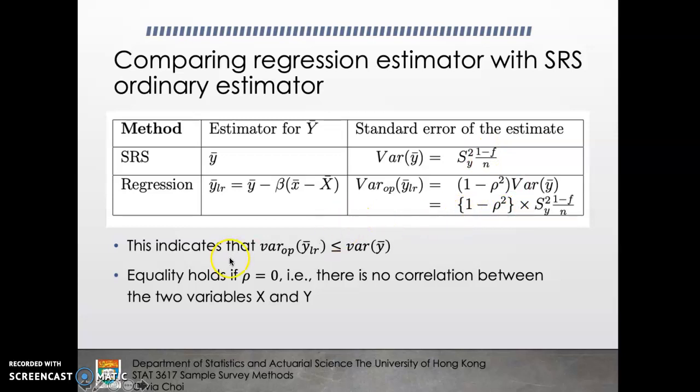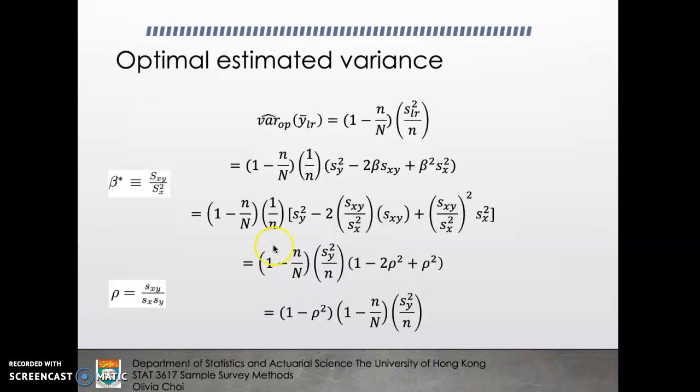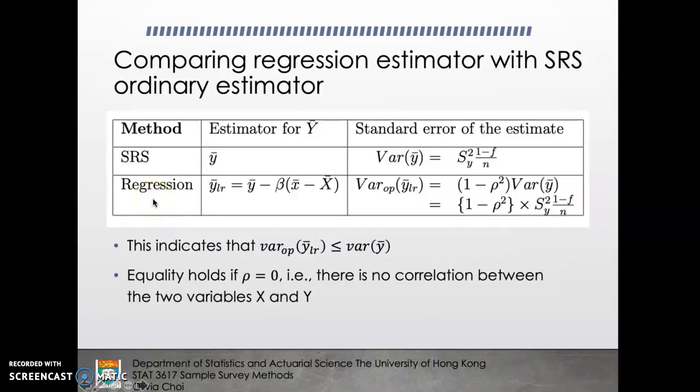In this case, we can find that the variance at optimal, that is when beta, the slope of the regression line, equals sxy divided by sx squared, the estimated variance under the linear regression line is always less than or equal to the variance obtained from the ordinary method. Why is that? Because of this factor 1 minus rho squared.